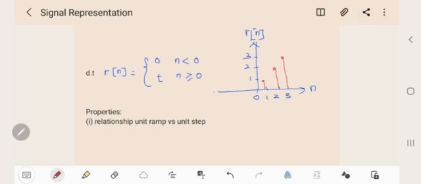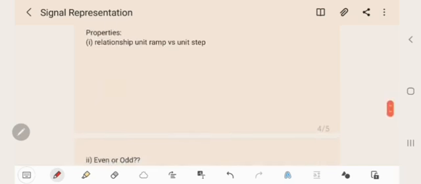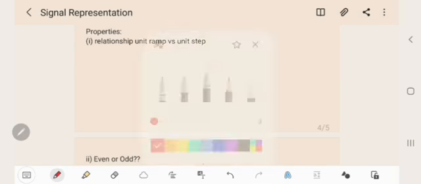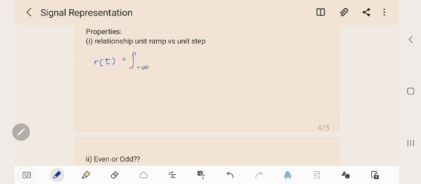Now we go to the properties of the ramp signal. First, the relationship between the unit ramp and the unit step. Just now we said the unit ramp signal is the integral of the unit step function once. So r(t) equals the integral from negative infinity to t of the unit step signal dt.